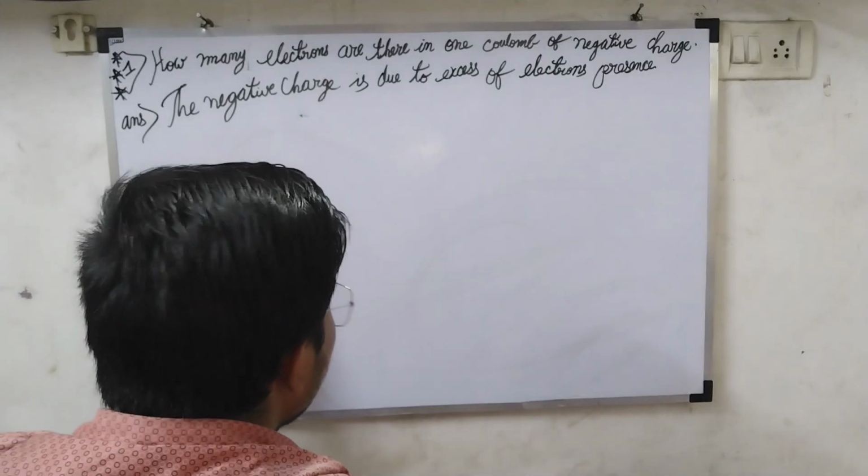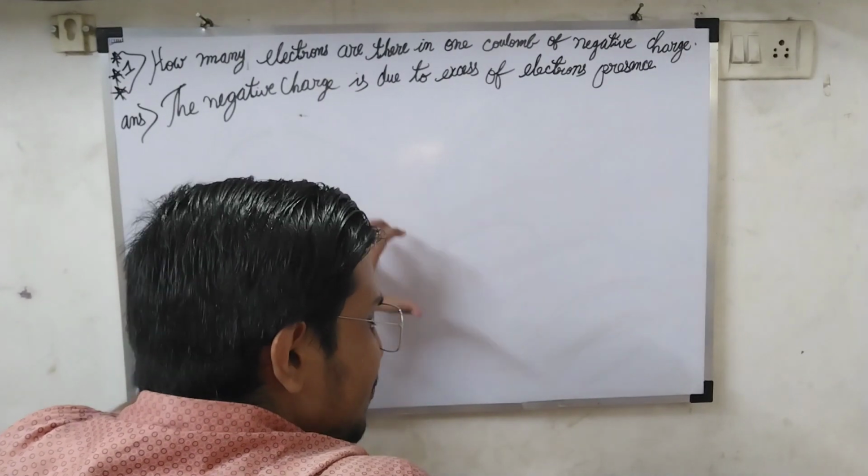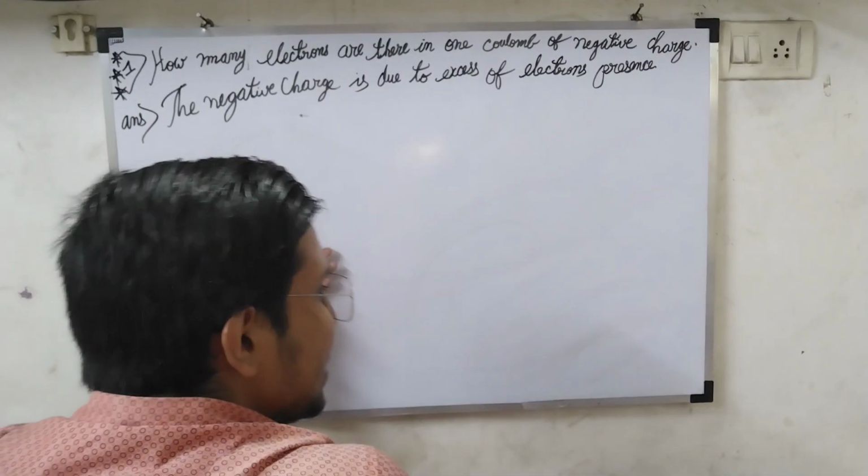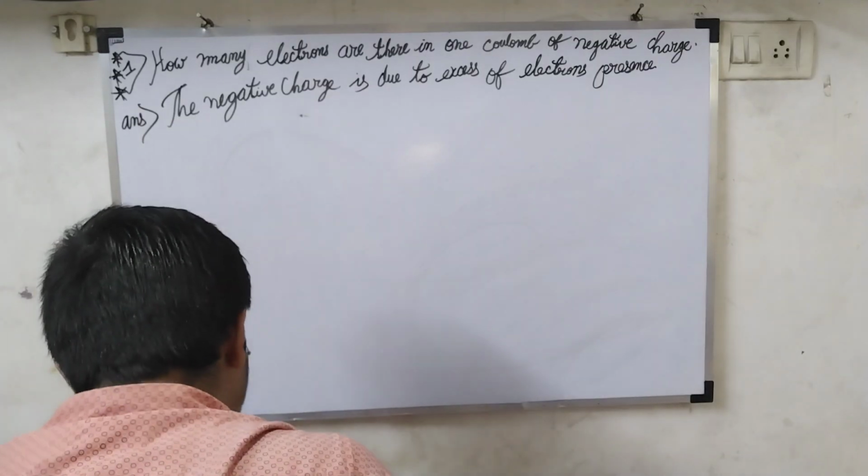Why? Because when electrons are added to the atom, then it acquires a negative charge, and when electrons are removed from the atom, it acquires a positive charge.